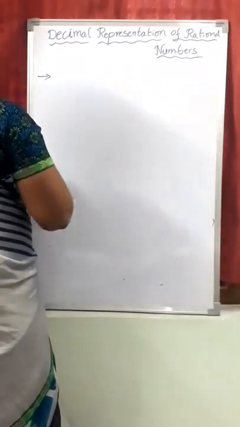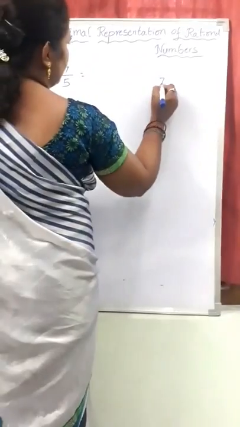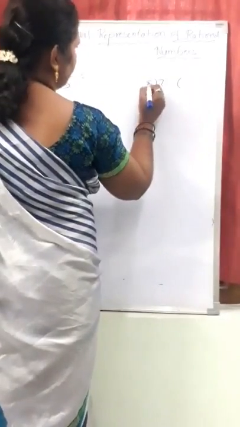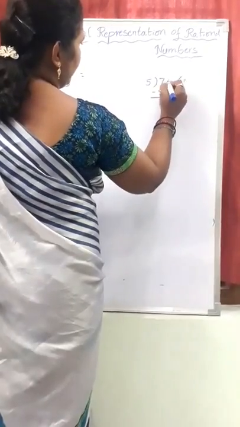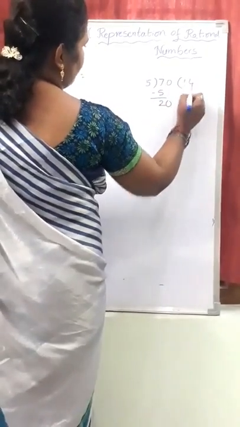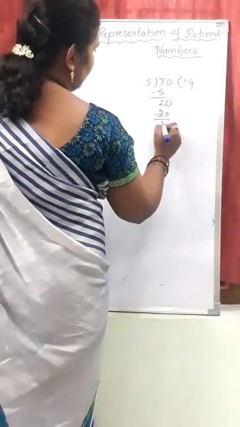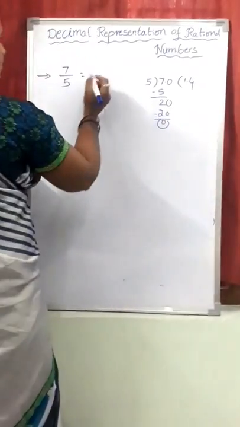I am taking the example 7 by 5. So convert into the decimal form. 7 is dividing with 5. 5 ones are 5 and keep a point and 0. 5 fours are 20. I got the remainder 0. So it is 1.4.